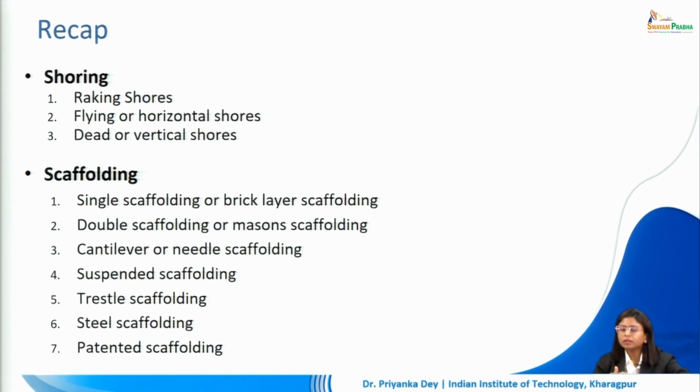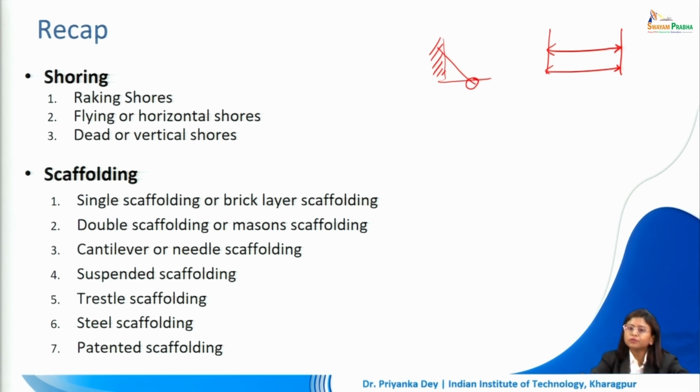Now shoring, as we have learned, is of 3 types. Raking shores are inclined members which are taking support from the ground and supporting the wall. The flying or horizontal shore is taking support from 2 adjoining walls. If this distance is less than 9 meters, we will use only 1 single flying shore, but if it is more than 9 meters, we will have 2 flying shores to ensure greater stability.